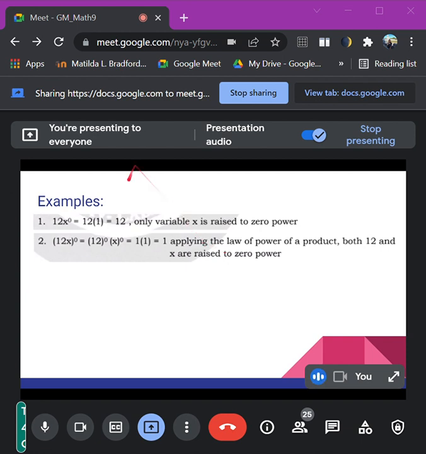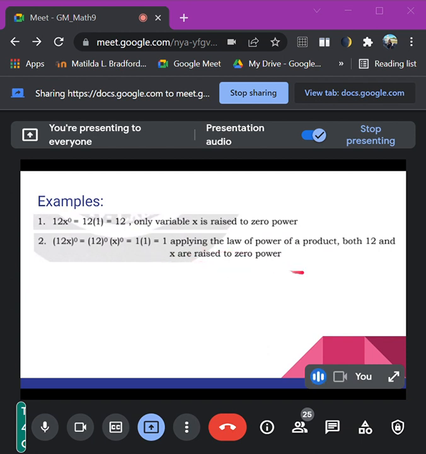This is the constant, this is the variable. So you will have 12 raised to 0 and then x raised to 0. Simplify it, this is 1. And then x raised to 0 is 1. So your simplified answer is equivalent to 1. Applying the law of power of a product, both 12 and x are raised to 0 power.